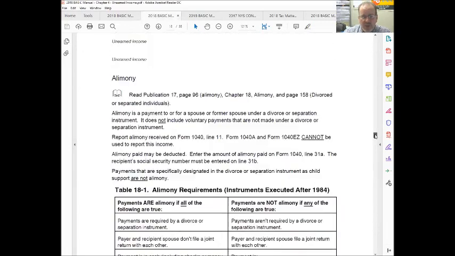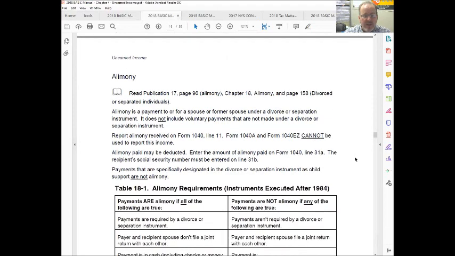Alimony, okay? This is one that's become very interesting because of the change from 2017 to 2018's tax laws. Alimony is payment for a spouse or former spouse under a divorce or separation instrument. This is where they're paying. Sometimes New York will call this maintenance.